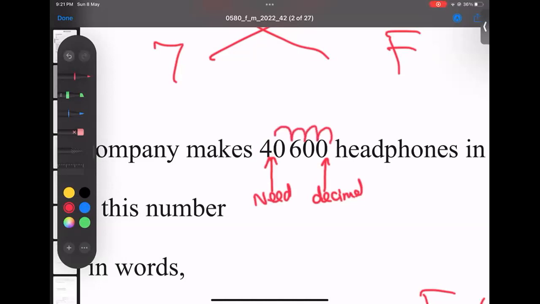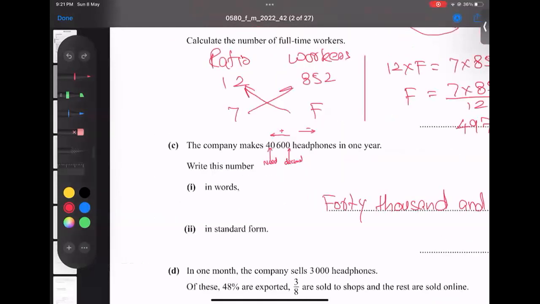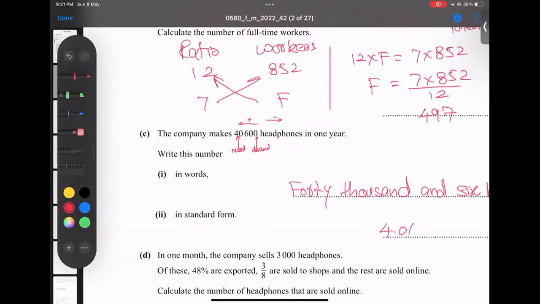And when you jump this way, we always write plus, and when you go this way, we always write negative. So how many jumps? 1, 2, 3, 4 jumps. So I am writing now here 4.06 times 10 to the power positive 4. Positive is not compulsory. You write it or you don't write it, no trouble.